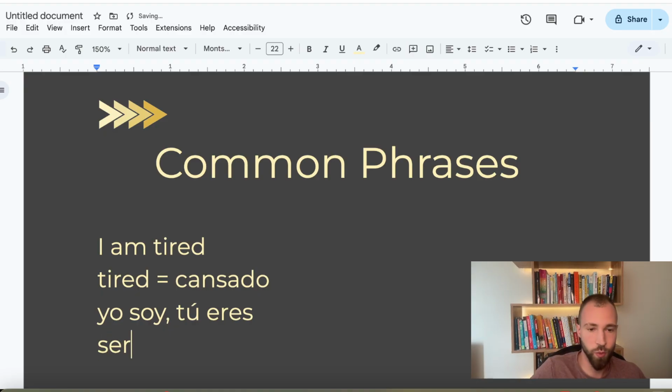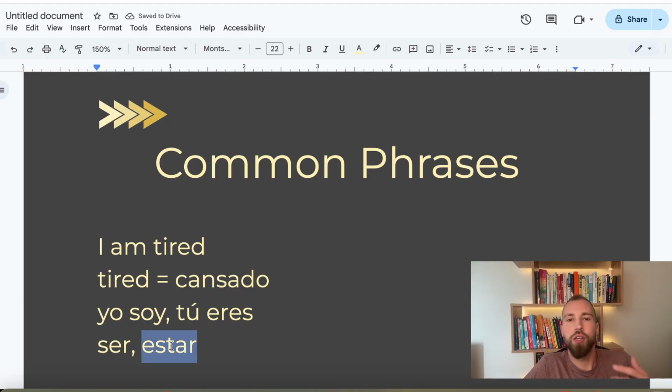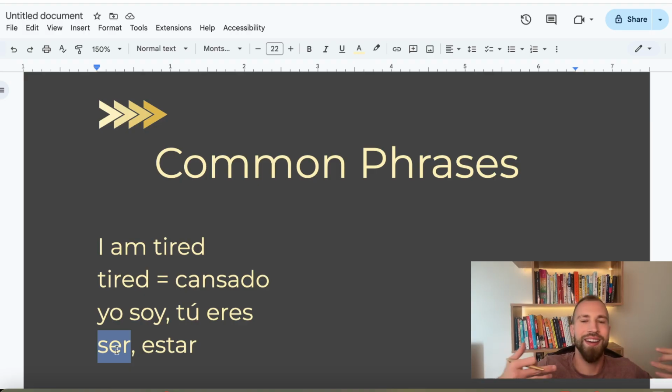There's ser, which is these conjugations, and there's estar. Estar you're going to use more for states, and ser you're going to use more for inherent characteristics. So you being tired is your state. It's your current state. It's not an inherent characteristic of yours. You're not inherently tired, right?